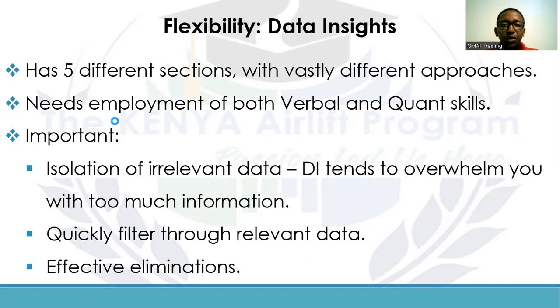So you have multi-source reasoning questions, you have two-part analysis, you have graphical interpretation, you have DS, data sufficiency questions. So all these sections require different skills and different approaches to solve.